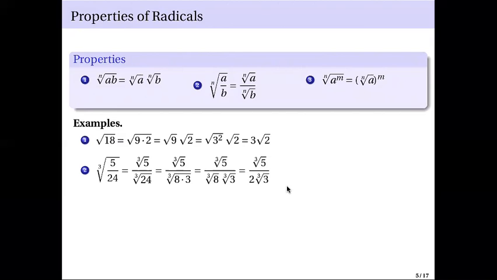Later, when we see radicals in the denominator, we want to rationalize it. I will discuss that later in the lecture. For now, let us leave it in this form.